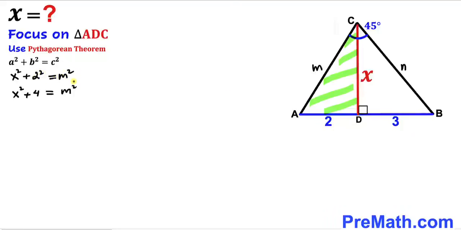Taking the square root on both sides, m equals square root of x square plus 4. Thus side AC is square root of x square plus 4.